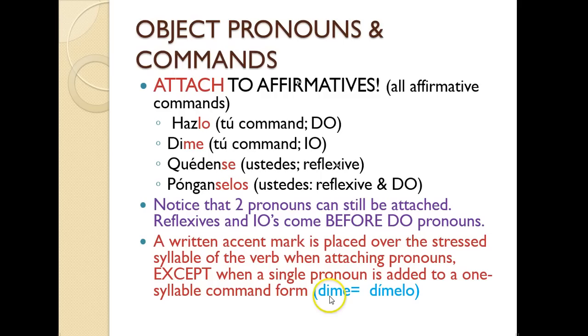So here's an example of that. The verb dar, when I put that as a tú affirmative command, it's just di, which is one syllable. So if I'm just adding one pronoun, like in this example, dime, I do not add any accent marks because the D is already naturally stressed. But over here, I'm adding two pronouns. So I've got dímelo. So now I'm actually adding a written stress.